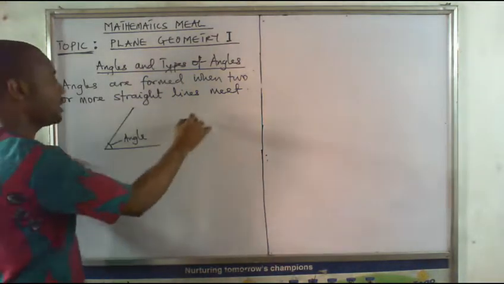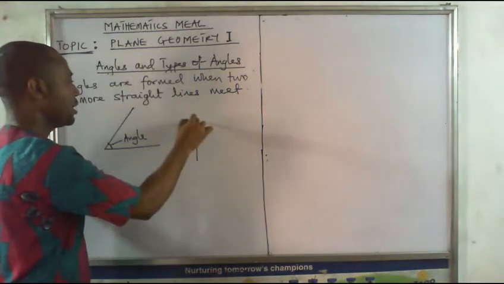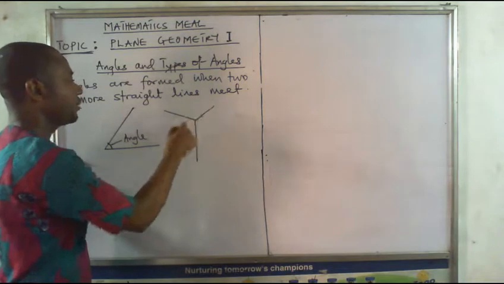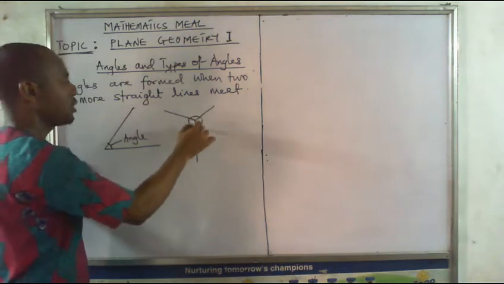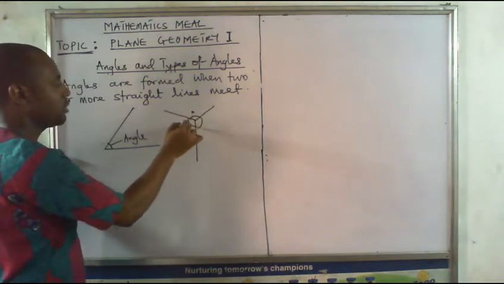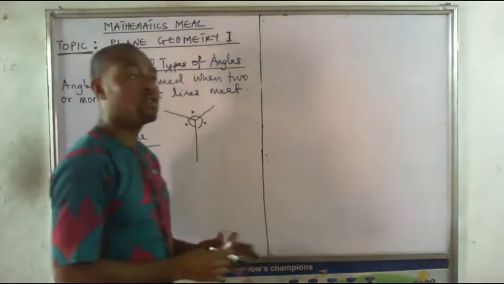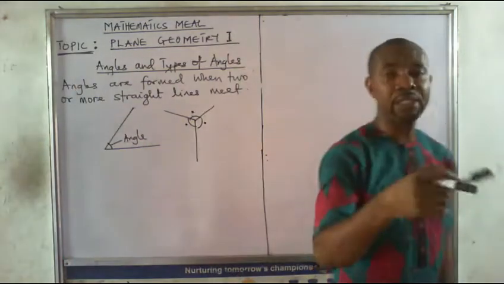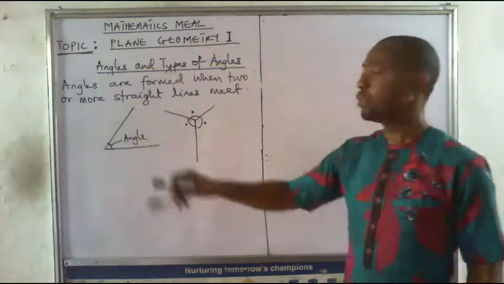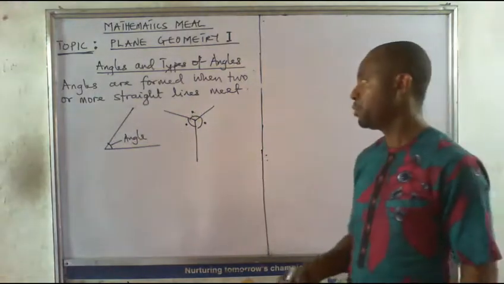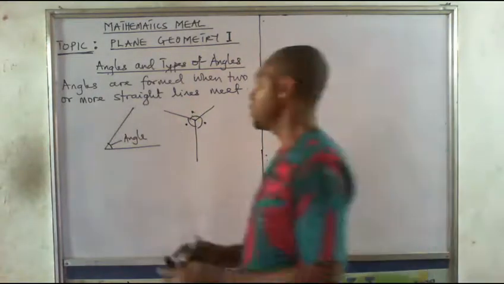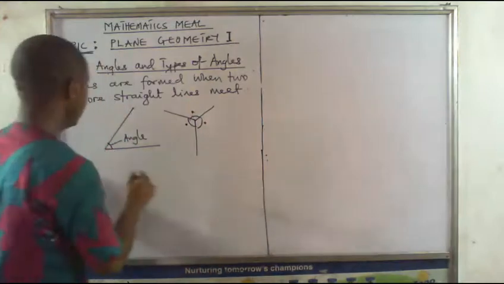We have just two lines here, so in this case we have about 3 angles. This is an angle, this is an angle, this is also an angle. So when we have two or more straight lines meeting, angles will be formed.